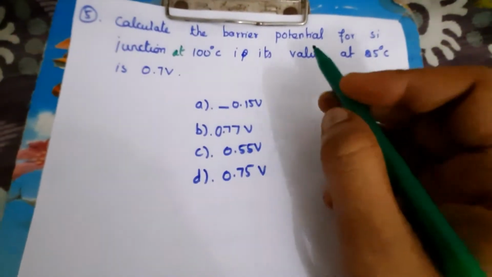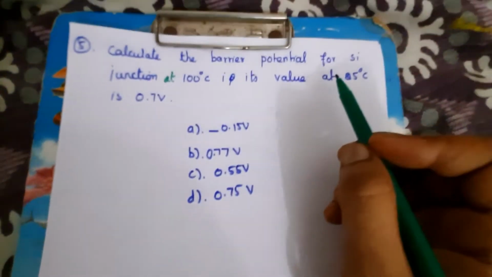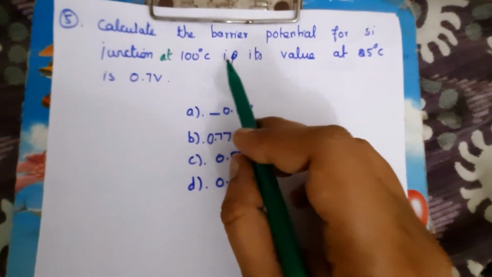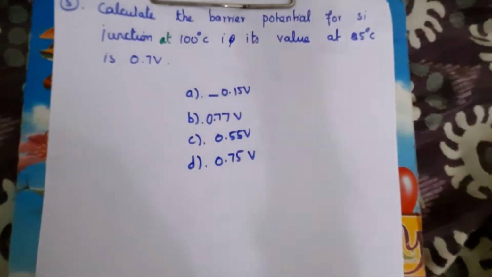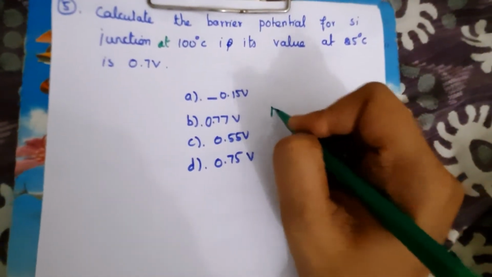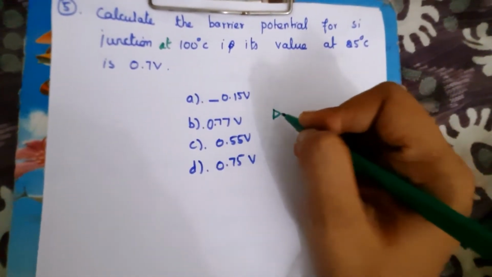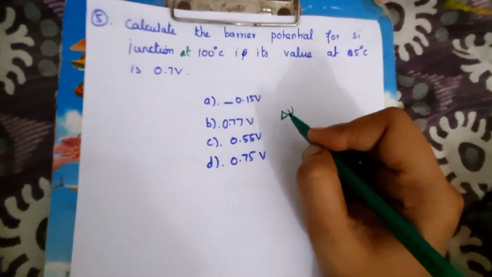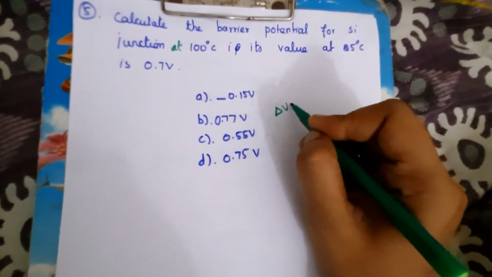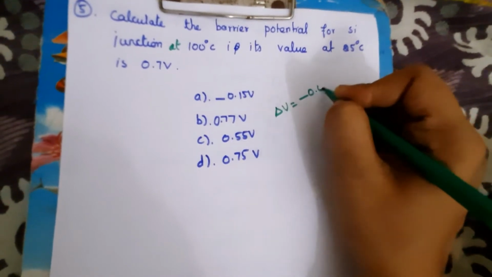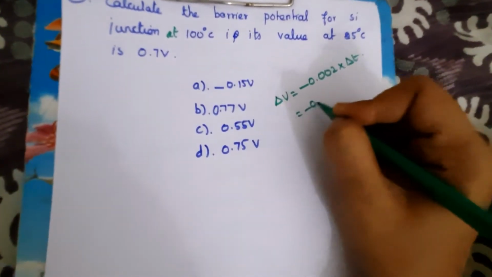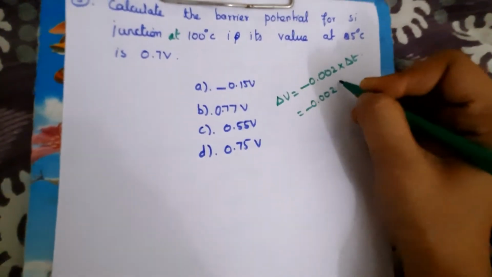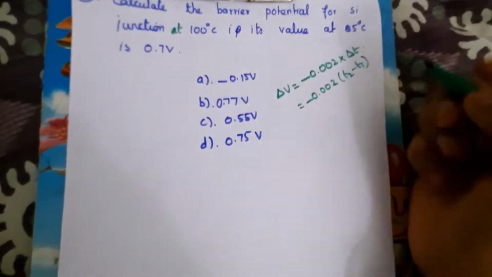Next question, calculate the barrier potential for a silicon junction at 100 degrees Celsius if its value at 25 degrees is 0.7 volt. So the formula is: we have to calculate the barrier potential change, del V, that is equal to minus 0.002 into del T. That is nothing but 0.002 into (T2 minus T1).